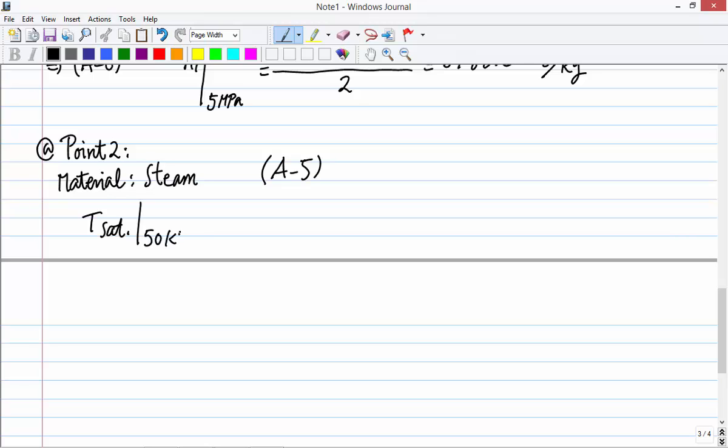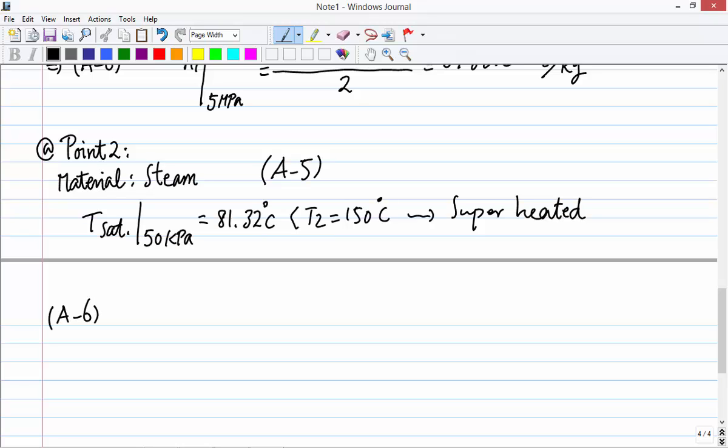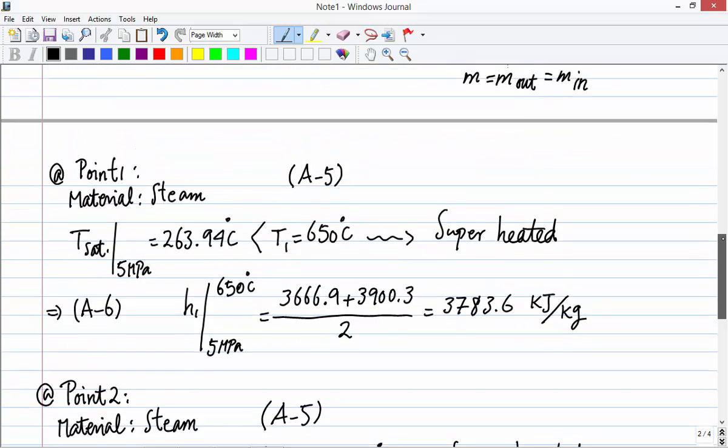So at 50 kPa, the saturated temperature is 81.32 degrees C, which is less than the given temperature. So steam is superheated. And I need to go to the other table and get H2 at 50 kPa and 150 degrees C, which is 2780.2 kilojoule per kilogram.